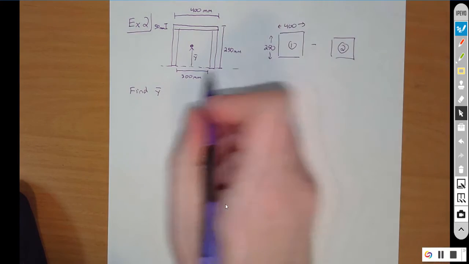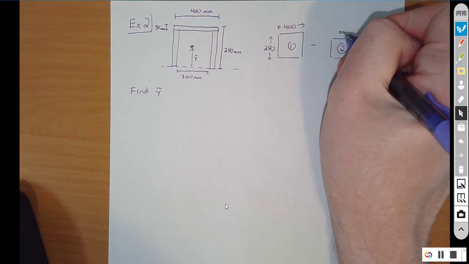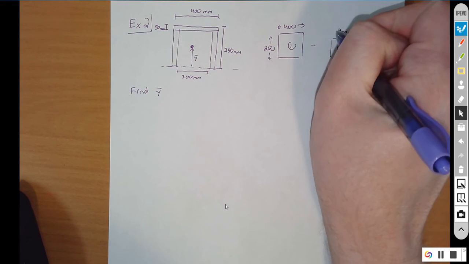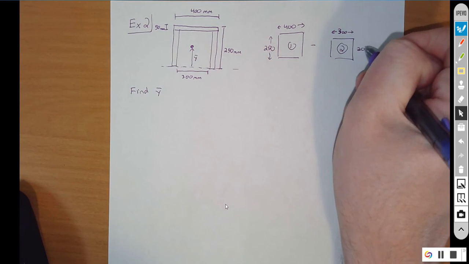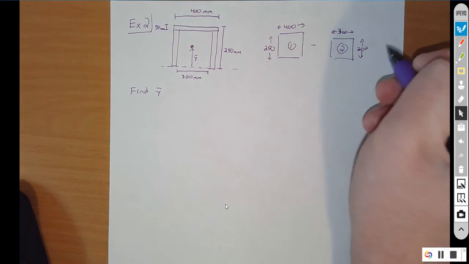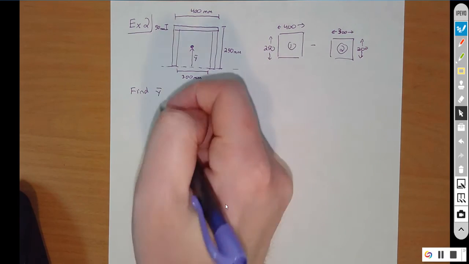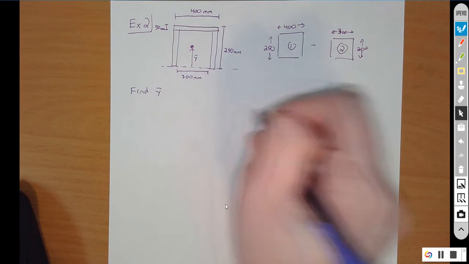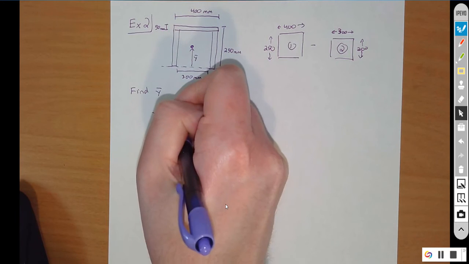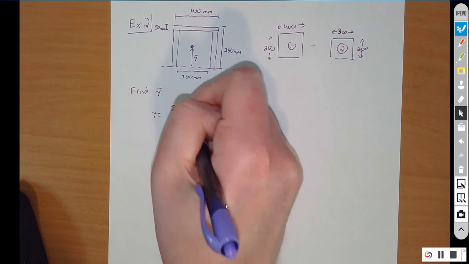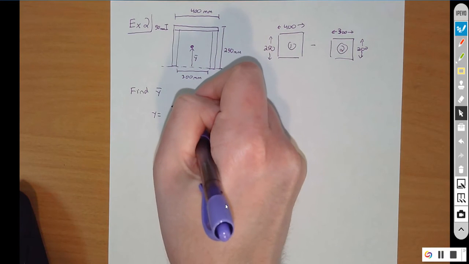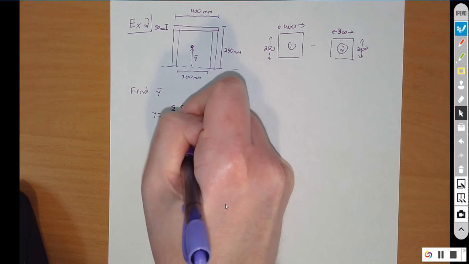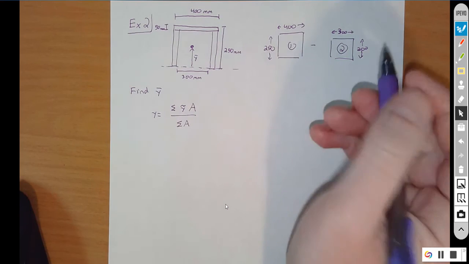Segment 2 is 300 by 200. So we want to find y bar. Y bar will be equal to the sum of the centroid in the y direction for each of these times their respective areas, over the total area.